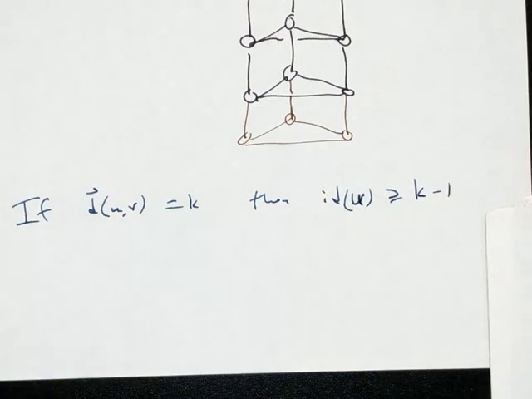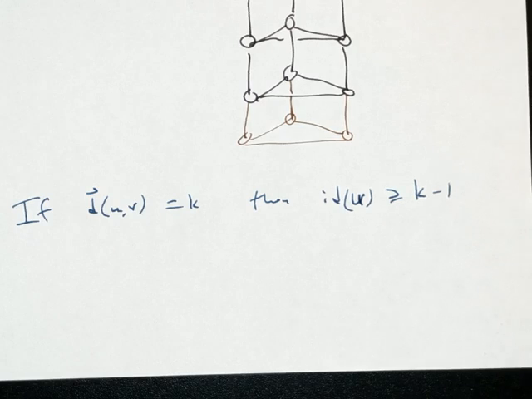Okay. The important thing to remember about a tournament is that it is an orientation on a complete graph, right? So the only thing I know about u and v is that they each have total degree n minus 1, where n is the number of vertices. Yes?